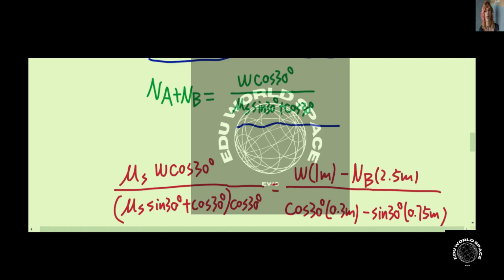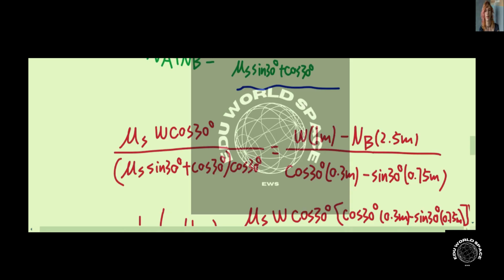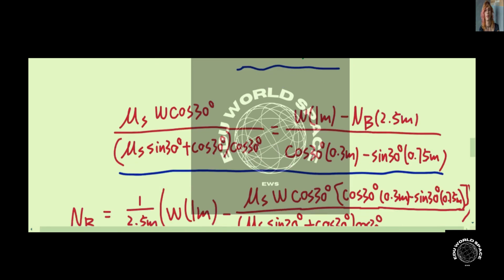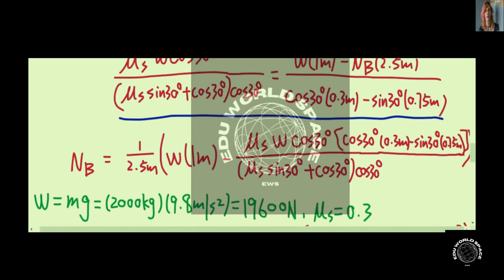So we have mu S times W cosine 30 degrees over (mu S sine 30 degrees plus cosine 30 degrees) times cosine 30 degrees, and this can be equal to (W times 1 meter minus Nb times 2.5 meter) over (cosine 30 degrees times 0.3 meter minus sine 30 degrees times 0.75 meter). If we do some arrangement here, eventually you have Nb equal to such an equation.